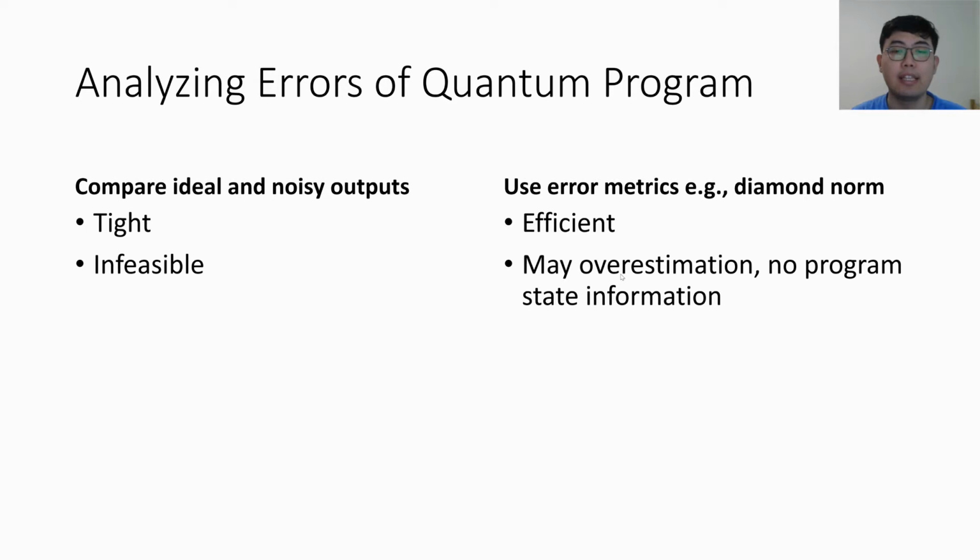Another way is to use some worst-case error metric, such as the diamond norm, about the noise model, and add the metrics together. This method is efficient, but may overestimate too much because it only considers the noise model but not the program state.